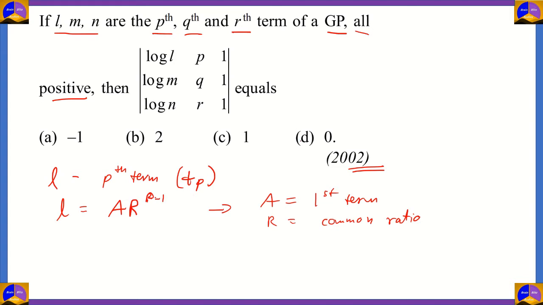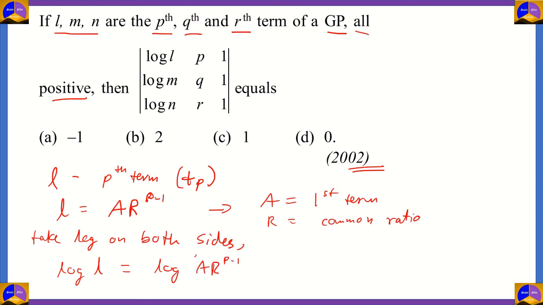But then our determinant is based on the values of P and Q and R. So how do we adjust that? What we can do is take log on both sides. So when we take log on both sides, on the left hand side you have log L, and on the right hand side you have log a r raised to p minus 1.